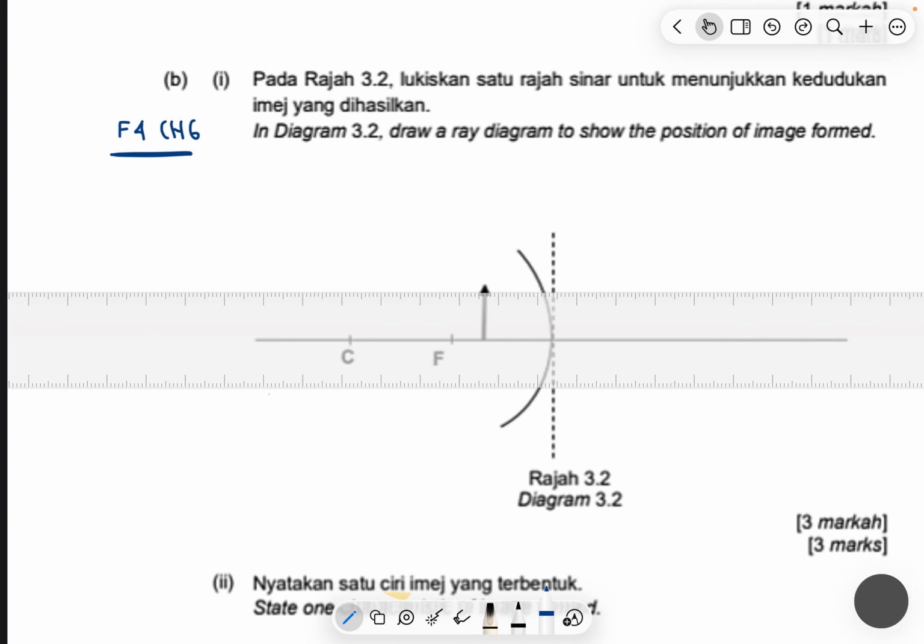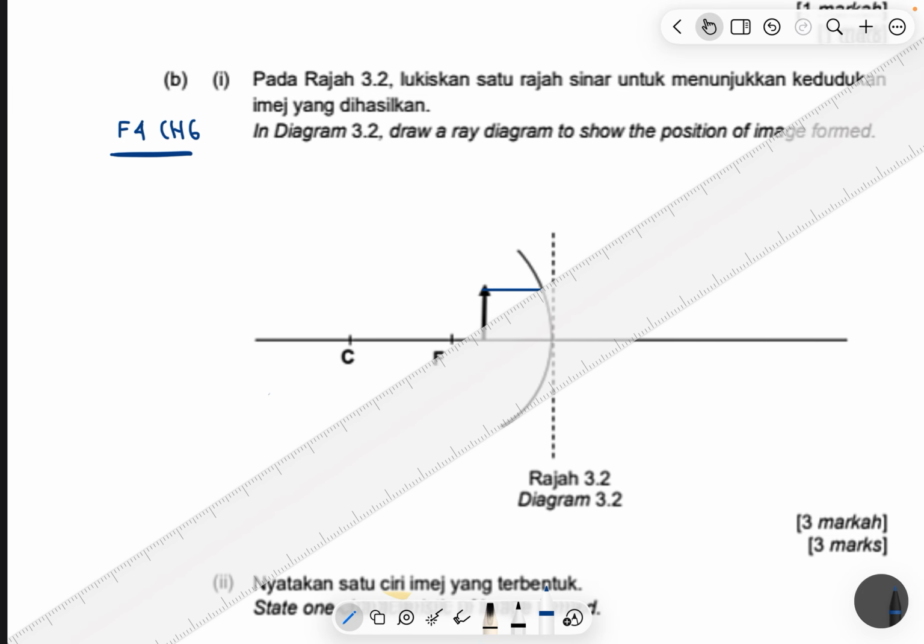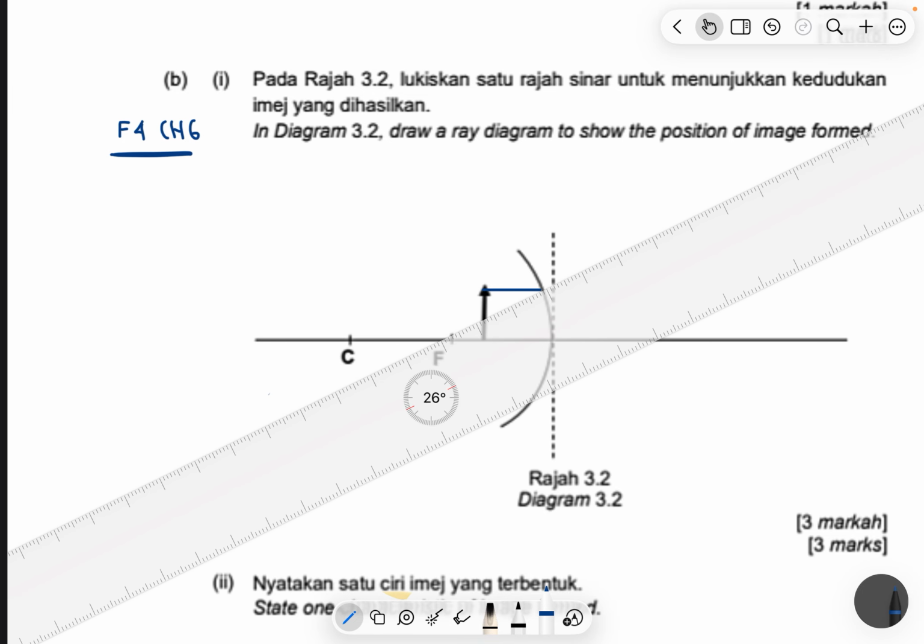Is a position of image. Okay, like this, and then it will always have to pass the focal length. So we'll get like this and then draw a dotted line after that.